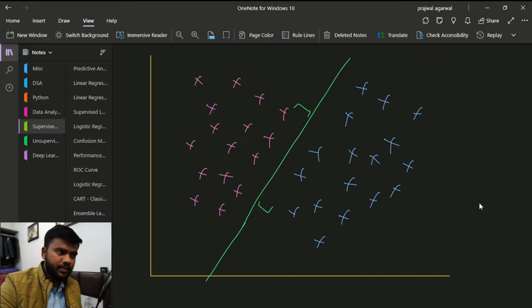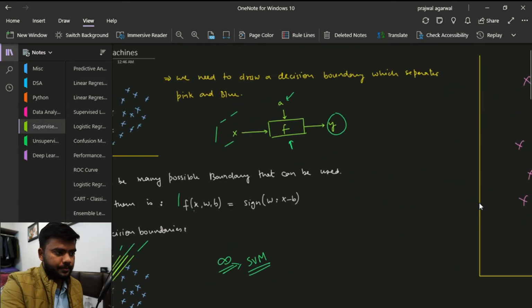This distance and this distance should be maximum. So basically the closest point of this cluster should be as far as possible, and the closest point of the other cluster should also be as far as possible from this line. That is the boundary SVM chooses.